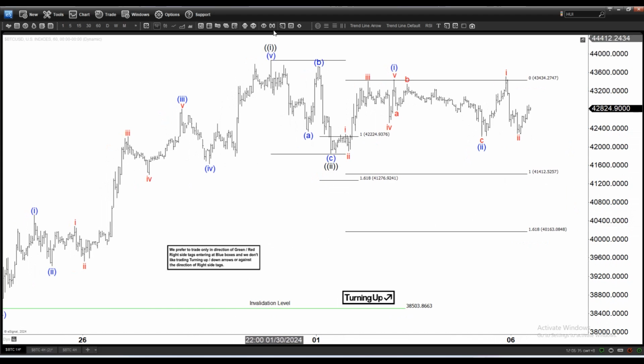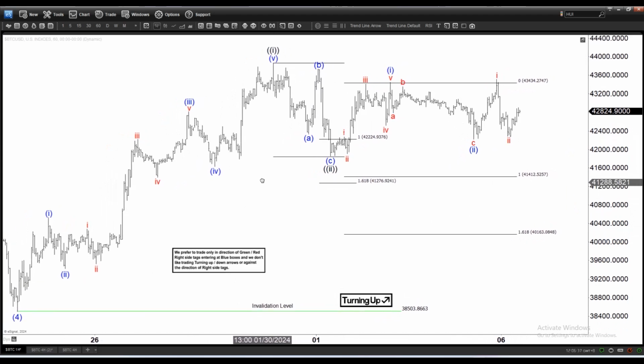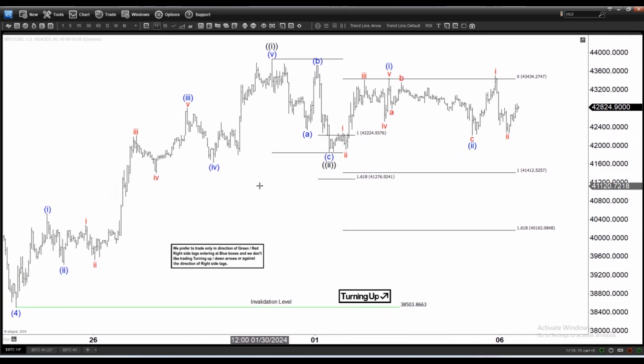Notice I'm saying everything is all about likelihood and probability in forecasting and also in trading, right? It's never going to be 100%. And so it is more likely to break above 1 at some point rather than breaking below 38,503. All right, so that's the idea here, guys.